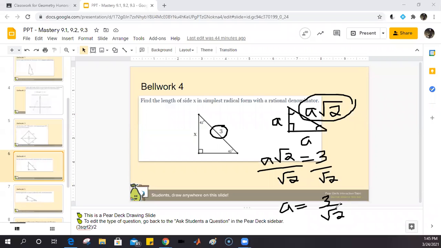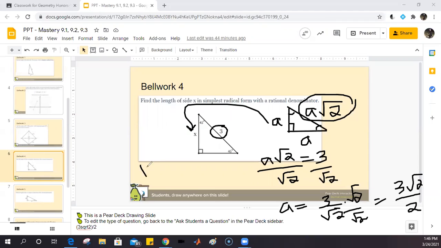But we have to rationalize the denominator and get that square root out of the bottom. So multiply by square root of 2 over square root of 2, and we get 3 square root of 2 over 2 as the value for A in the model, which is great because that's the side we're looking for. So X is equal to 3 square root of 2 over 2.